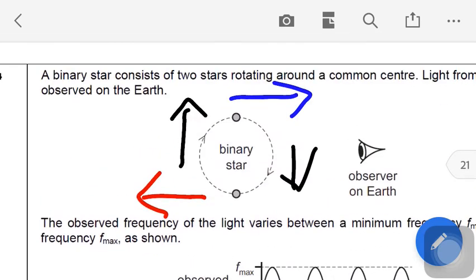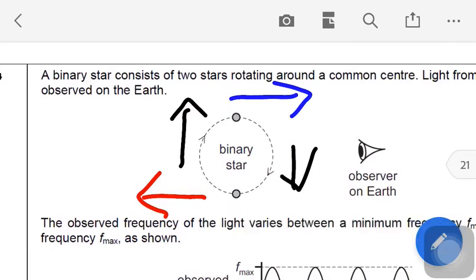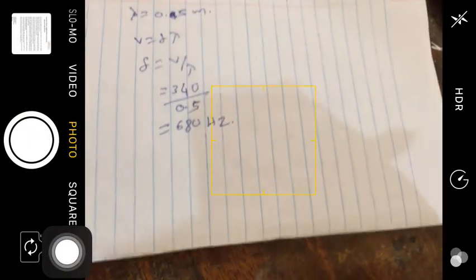So now the object is moving even faster. So if you look at that Doppler equation, now it is very tempting to use the Doppler equation here.